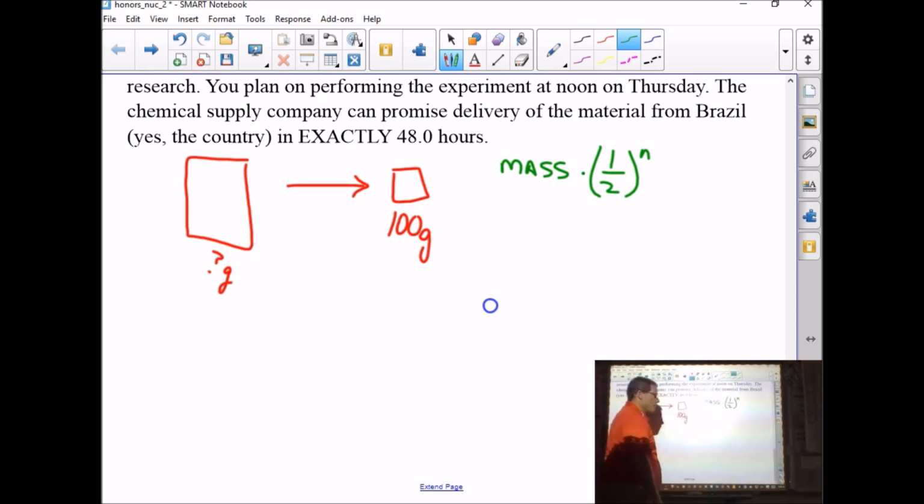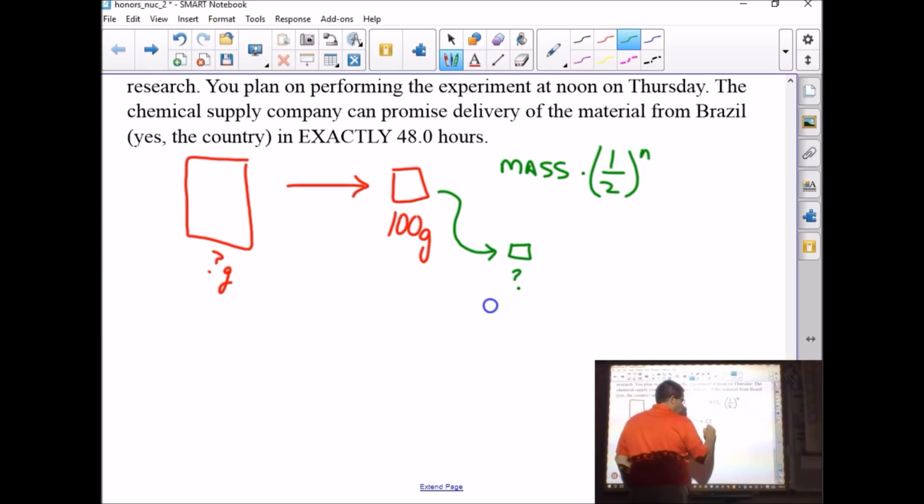Let me throw this scenario at you. If we start with 100 grams and we undergo a number of half-lives, what happens to the sample size? It gets smaller, and so we would have less than what we started with. So if I need to order this, is this a good equation to use? No. How should we rearrange that equation?